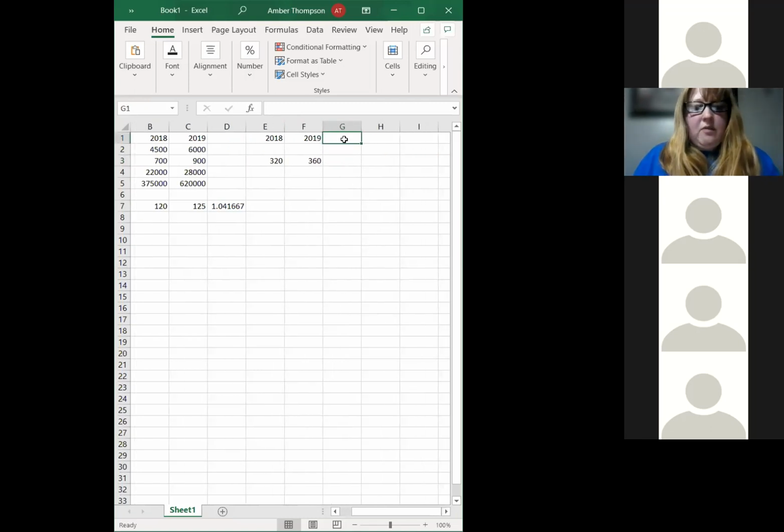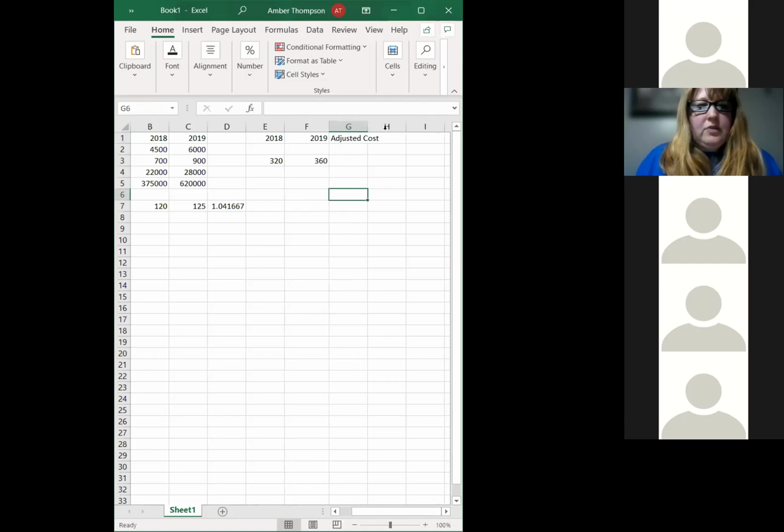So what we're trying to find is, we times this number because we've looked at it as our costs have gone up, but the price index has also gone up too.